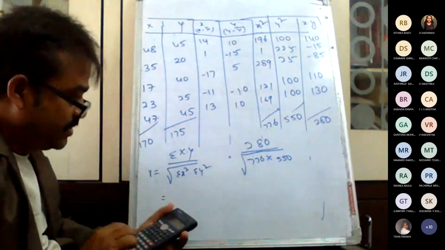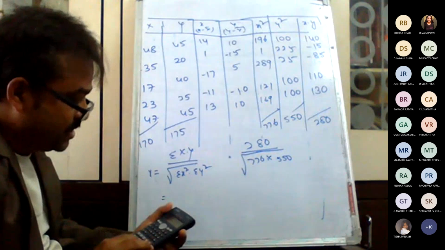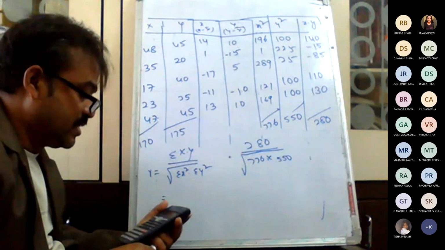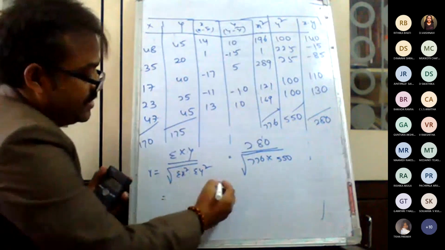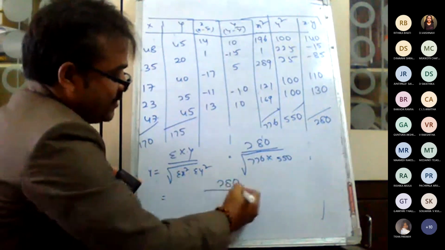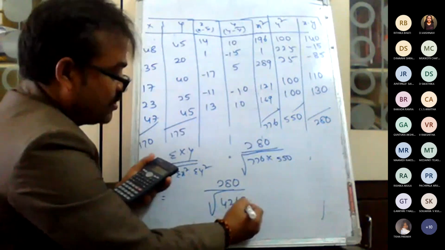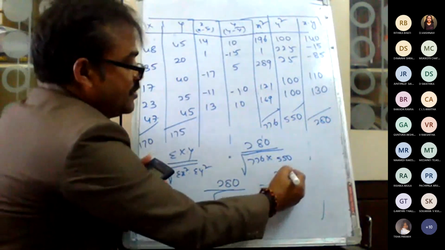Go next to simplify. Right. I will do 776 into 550, that is 4,26,800. 280 divided by root of 4,26,800.